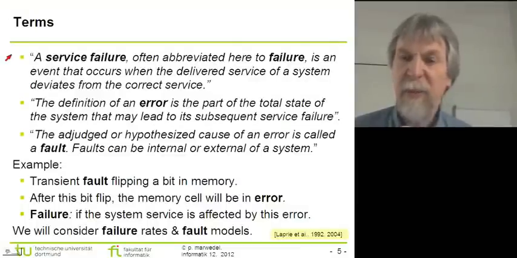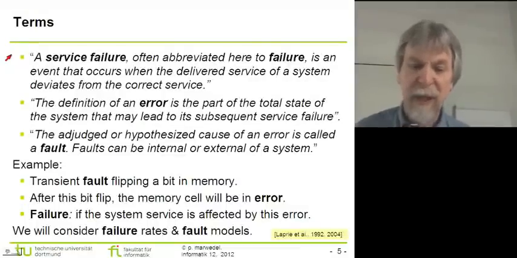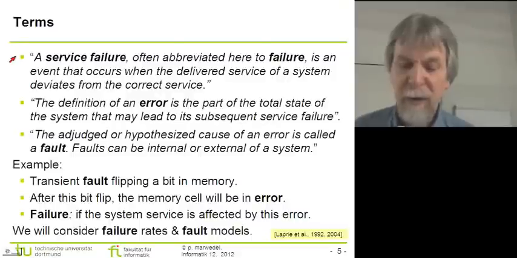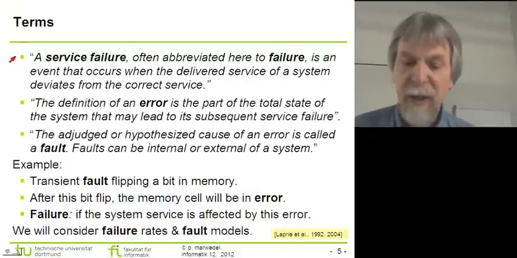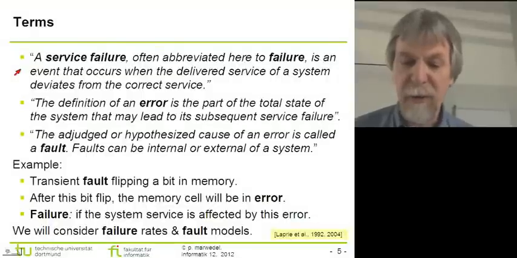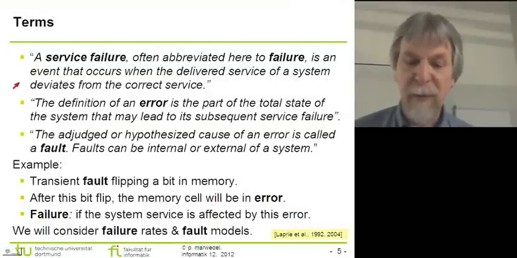The first is a problem that is visible at the user level, and we call this type of problem a service failure. A service failure is often abbreviated here as a failure, and such a failure exists in the case when we have a situation where the delivered service of a system is different from the correct service.